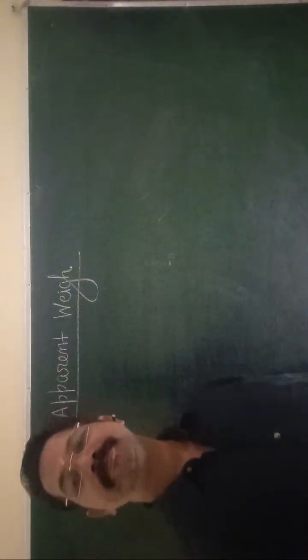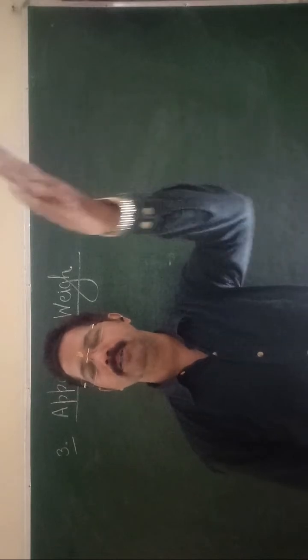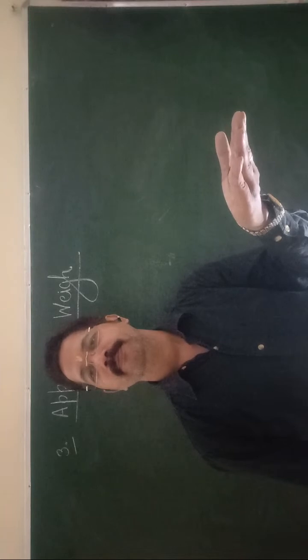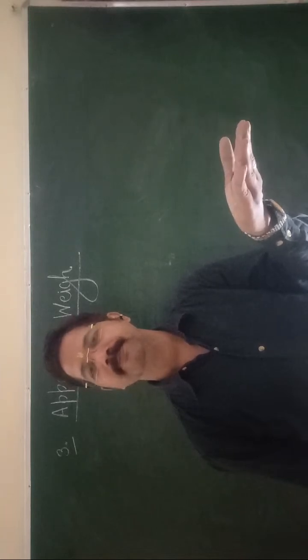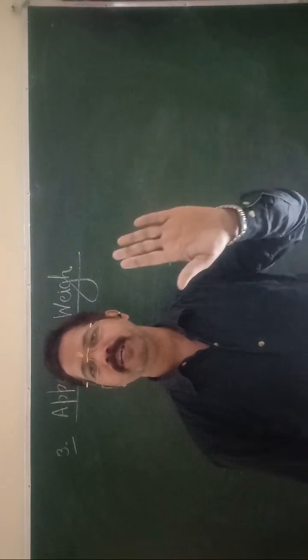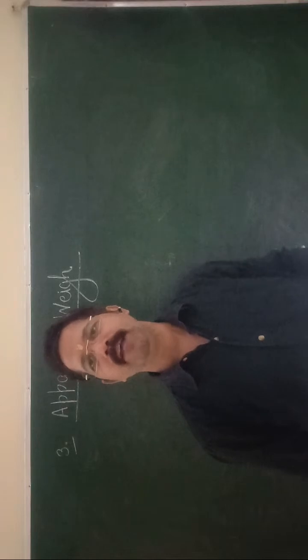You can measure apparent weight when you are moving up or down, at rest, and when acceleration is due to earth's gravity. So there are four cases we have to find out and apply.